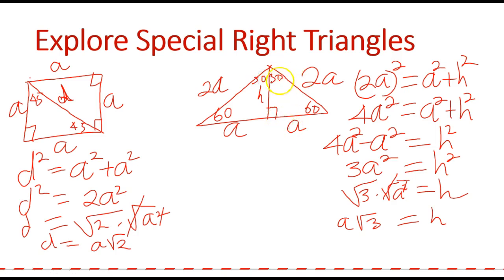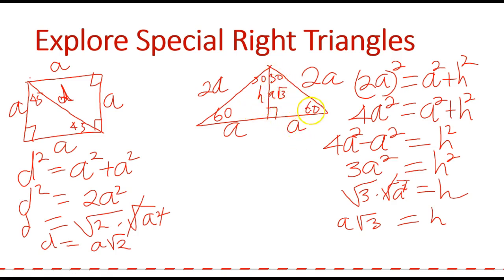We see A is the small leg because it is opposite the smaller angle. H is the longer leg because it is opposite the larger angle, and H is A square root of 3. So what do we see here?